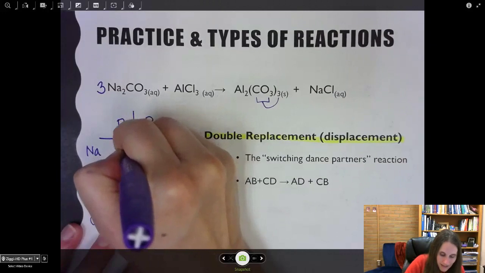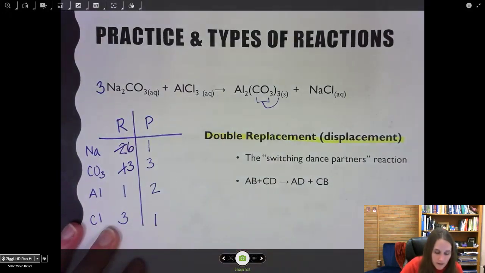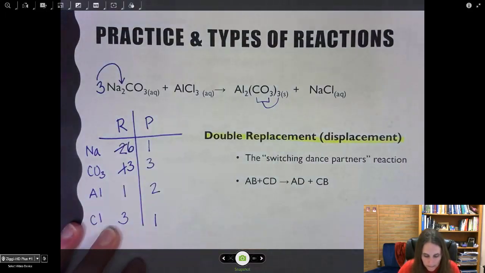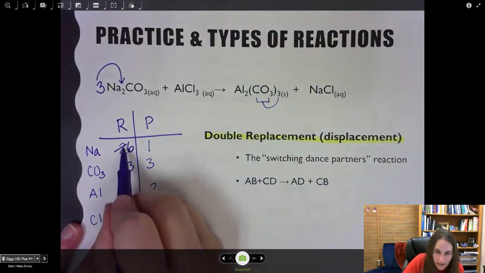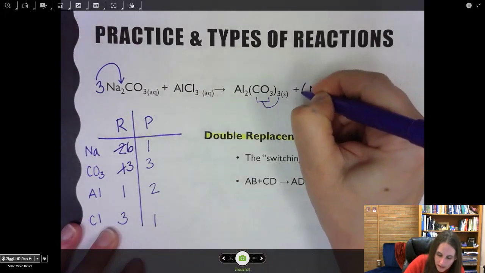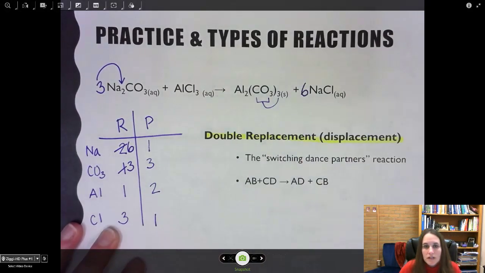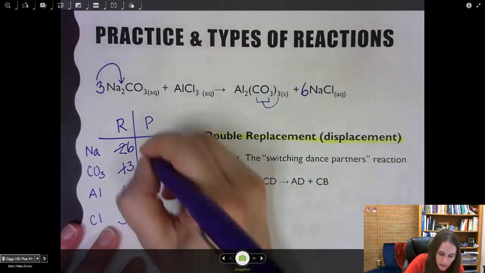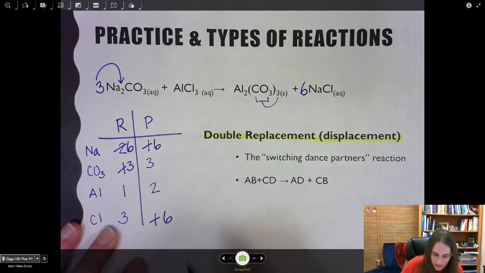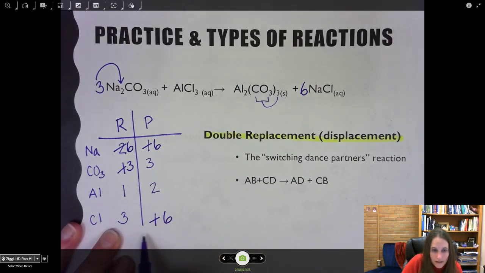I now have 6 sodium ions on this particular side because that 3 multiplies that 2. So because my sodium on the other side is just 1, the only way to get it up to 6 is to put a 6 coefficient in front, and that multiplies the sodium, and it also multiplies the chlorine, bringing it up to 6. Now the relationship between 6 and 3: how can I get to 6 from 3?